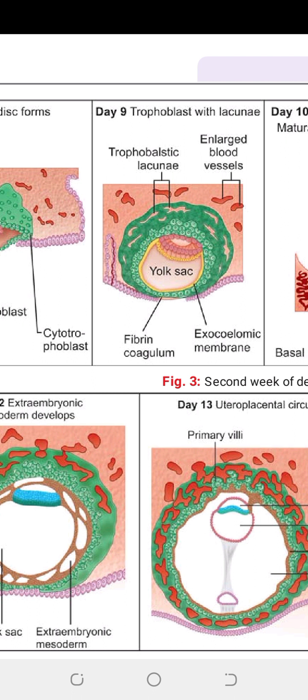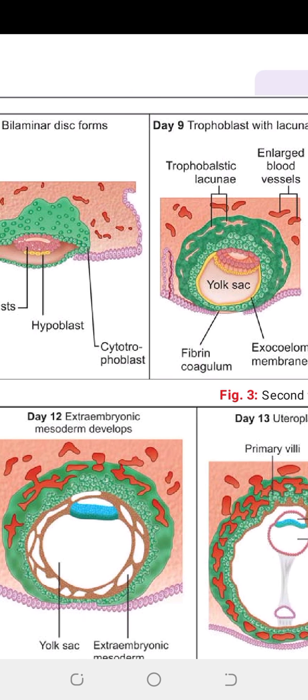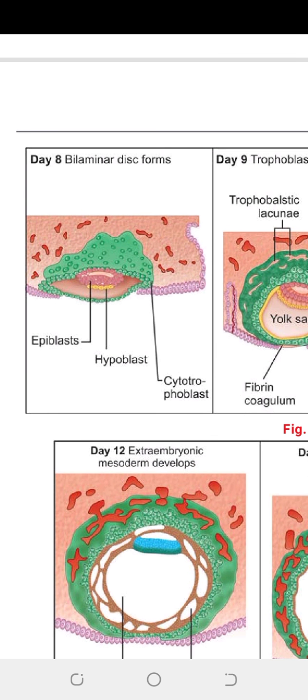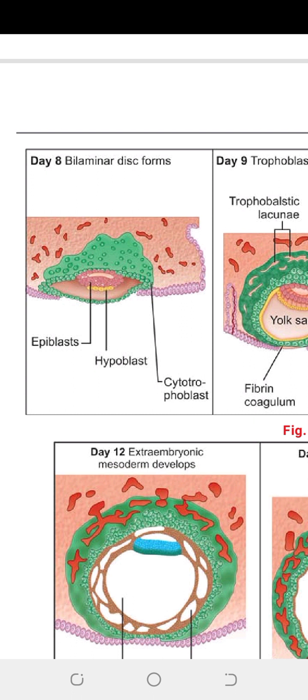The inner cell mass forms the entire embryo, and the first germ layer to be formed is endoderm. By 7 days after fertilization, all three germ layers are formed. By 21 days after fertilization.